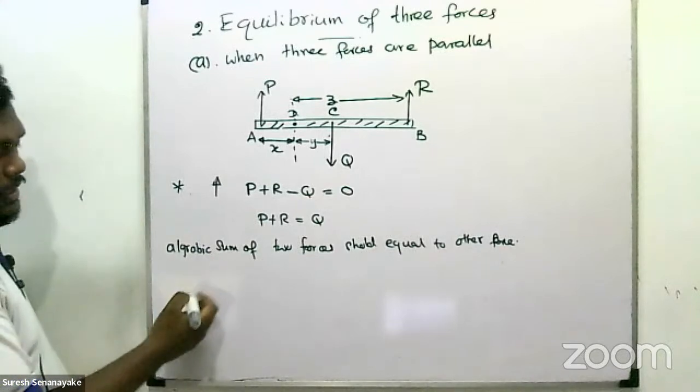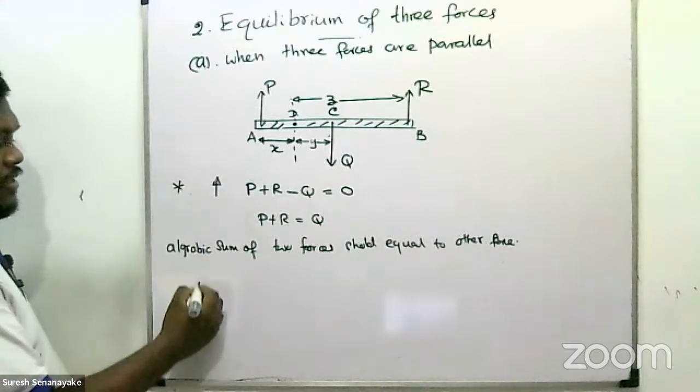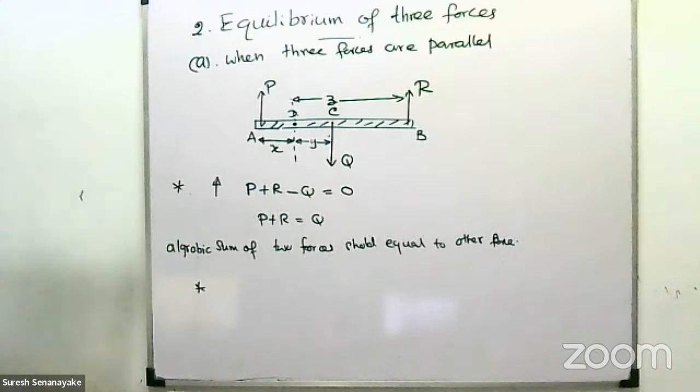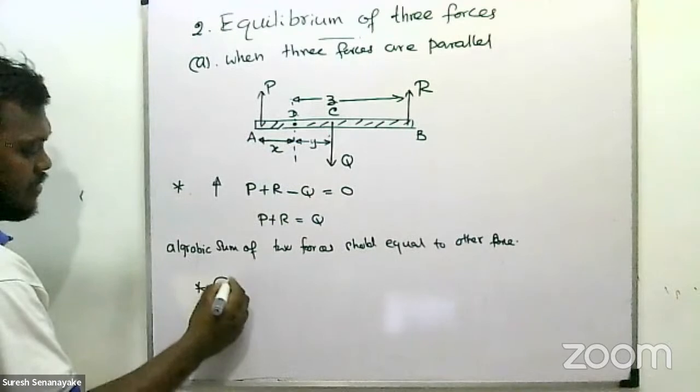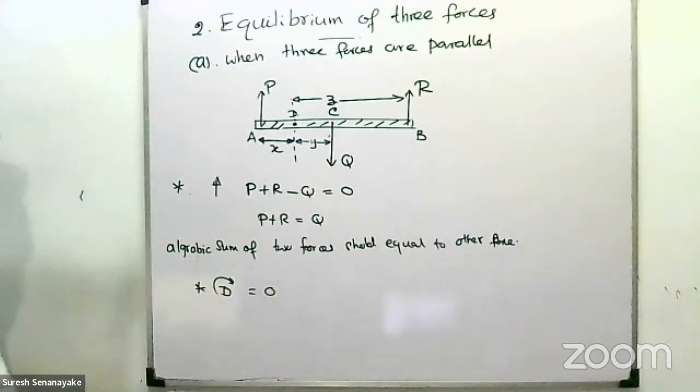And then the first condition, the second condition: taking the moment about the point D, that is equal to 0 because of the equilibrium.